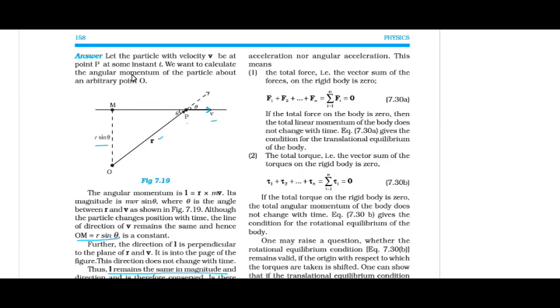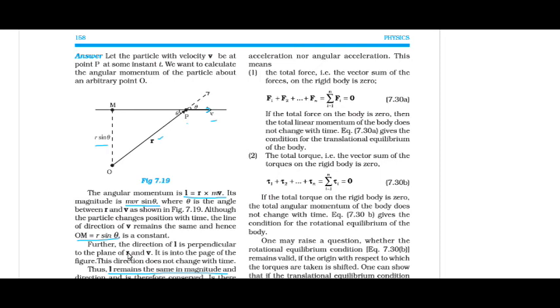Its magnitude is mv r sine theta. So important points: angular momentum is equal to r cross mv. Again, its magnitude is mv r sine theta, where theta is the angle between r and v. Although the particle changes position with time, the line of direction of v remains the same. Hence, OM equal to r sine theta is constant.